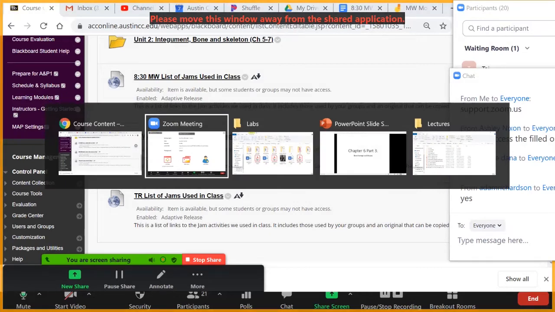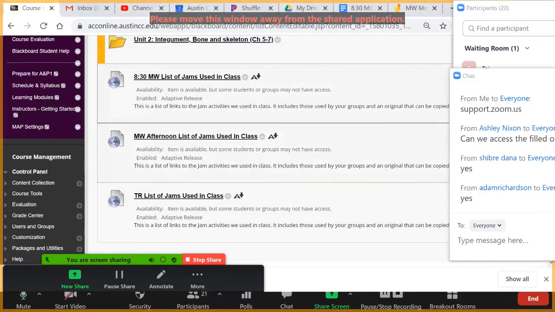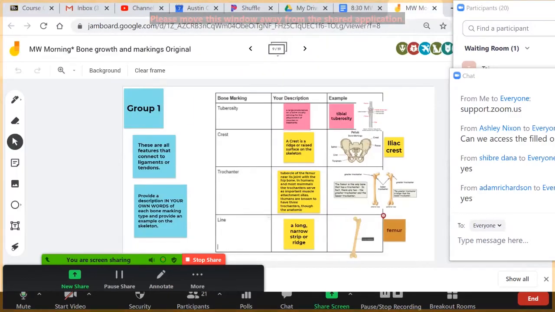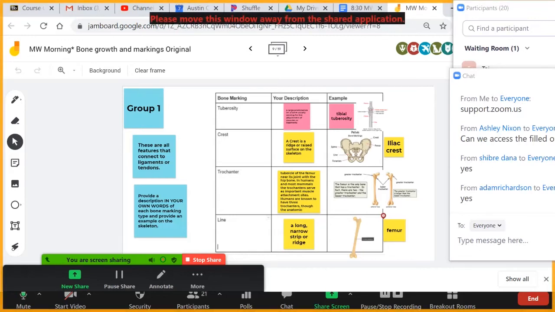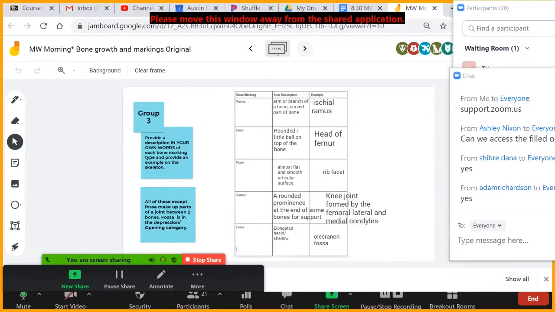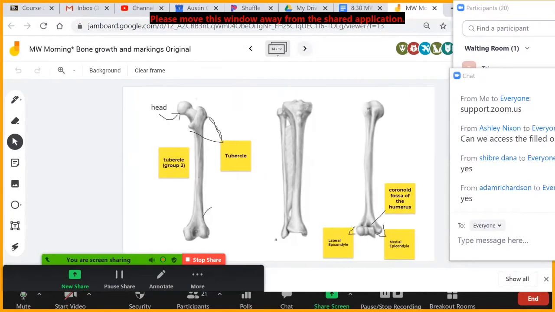Jumping back to that jam. Work is still continuing on the jam. So a tuberosity does tend to be a little bit larger. It's a prominence, it's a little bit rounded, and it tends to be rough. And a great example is the tibial tuberosity. So let's go over and see what you guys labeled. Hopefully it's labeled on the tibia.